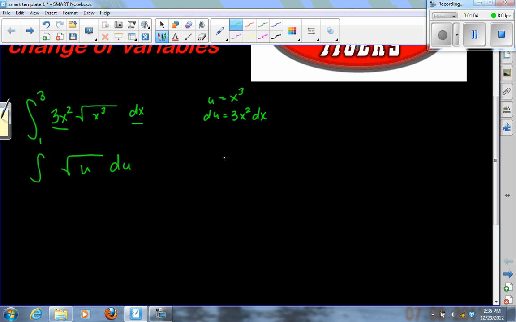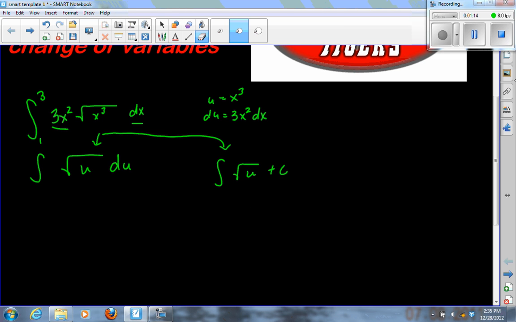So there are two methods. You can either go this way, or you can go another way. The two methods are, I can either change my variables to U limits.